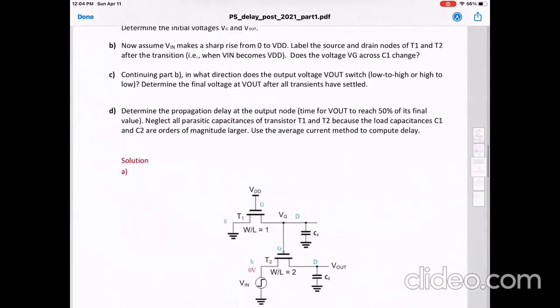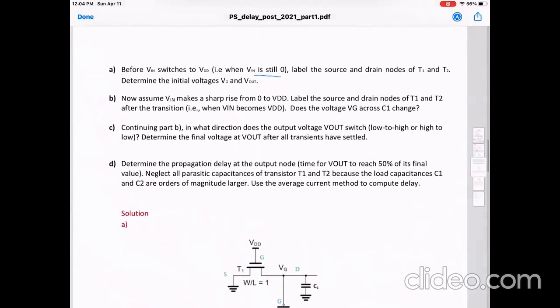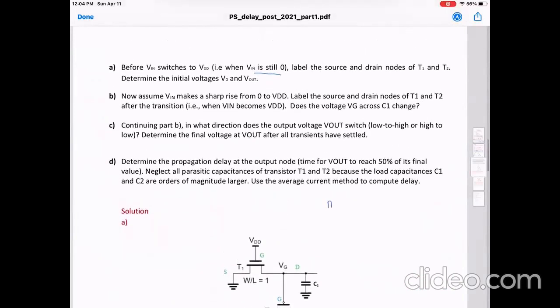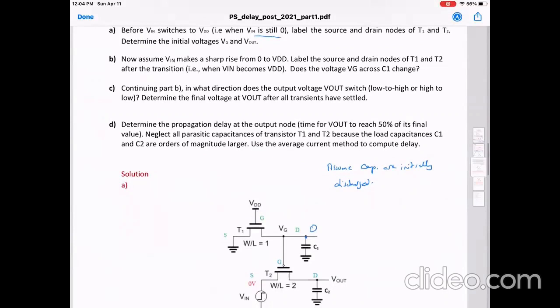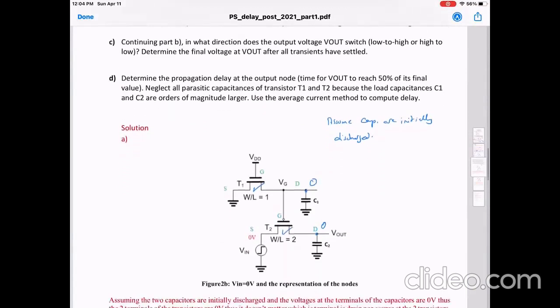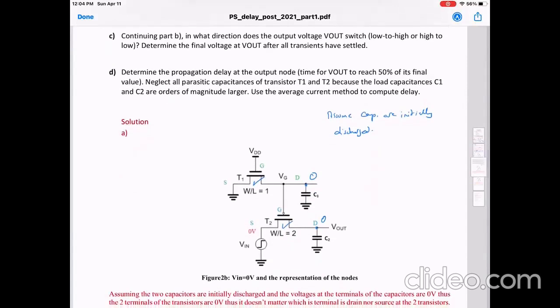If we tell you to assume that the capacitors are initially discharged, this means that this voltage will be 0, this voltage will be 0, this device is on, this is 0, this transistor is on, and this is initially 0.